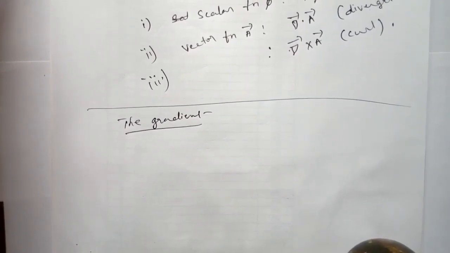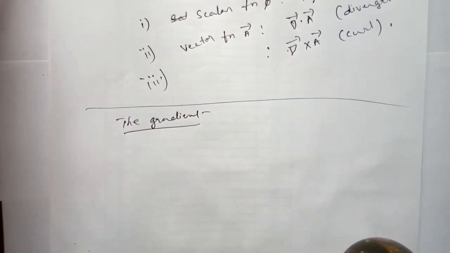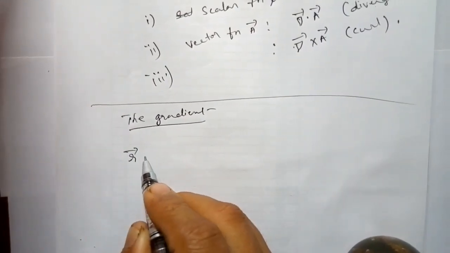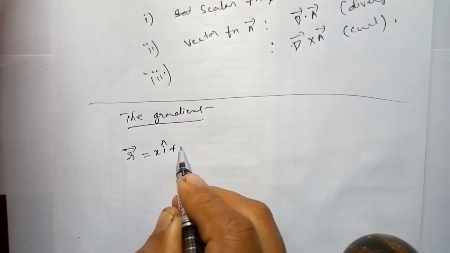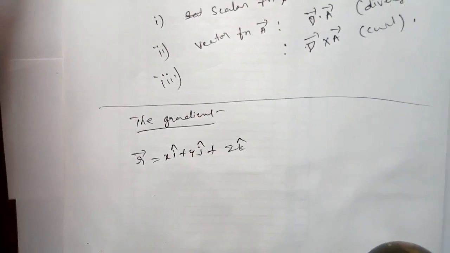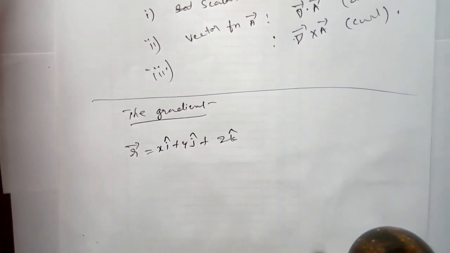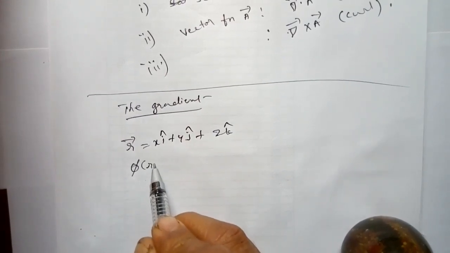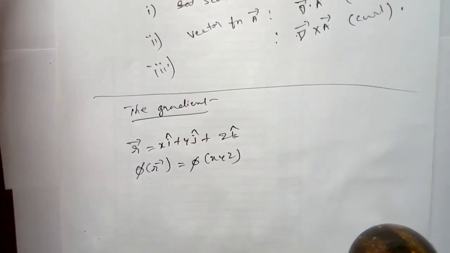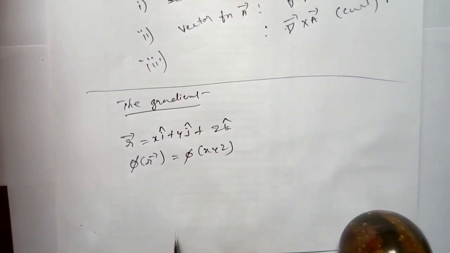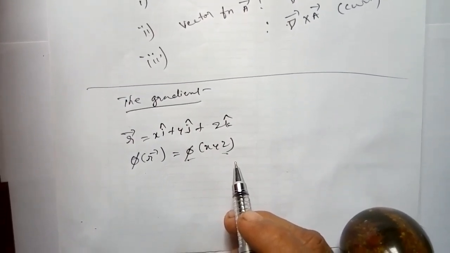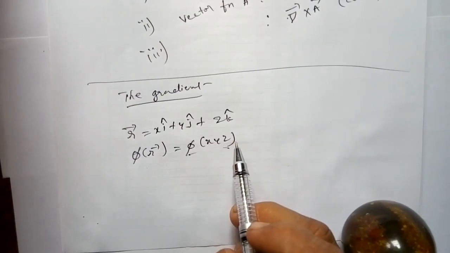To understand, we consider a point P on a scalar field having position vector x i cap, y j cap, z k cap, and let the value of the scalar field at every point be phi of r, equal to phi of x, y, z, where phi of x, y, z is a continuous differentiable function of three independent space coordinates x, y, z.